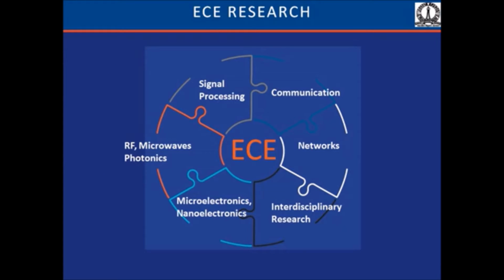If you look at our next slide, the research areas which we are currently pursuing, if you start on the top, it's communication, networks. We do interdisciplinary research, microelectronics, nanoelectronics, RF, microwaves, photonics, and signal processing.